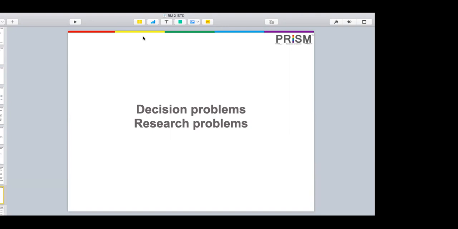Ma'am, decision problem is related to some analysis already done, on which basis we have certain points to apply, to take an application and execution.